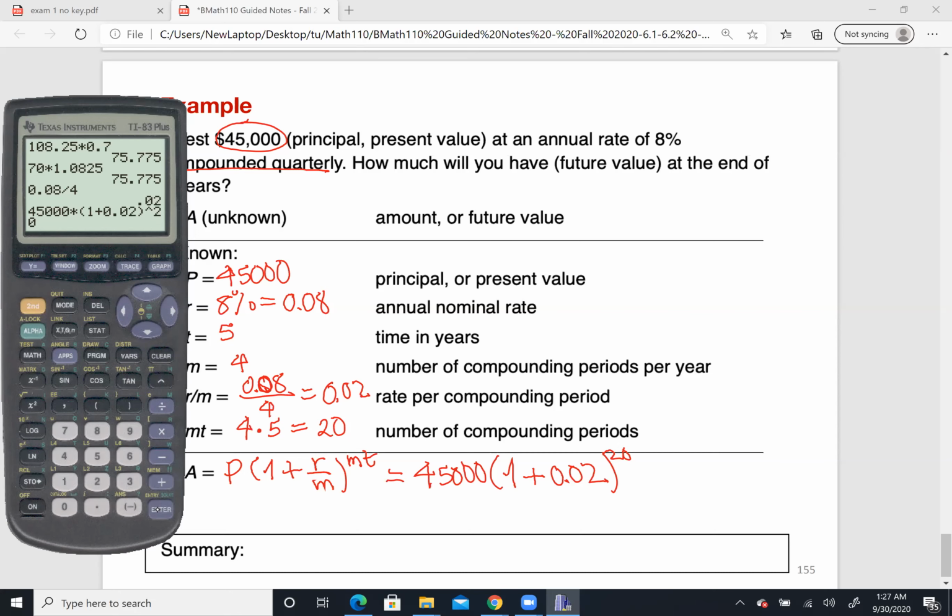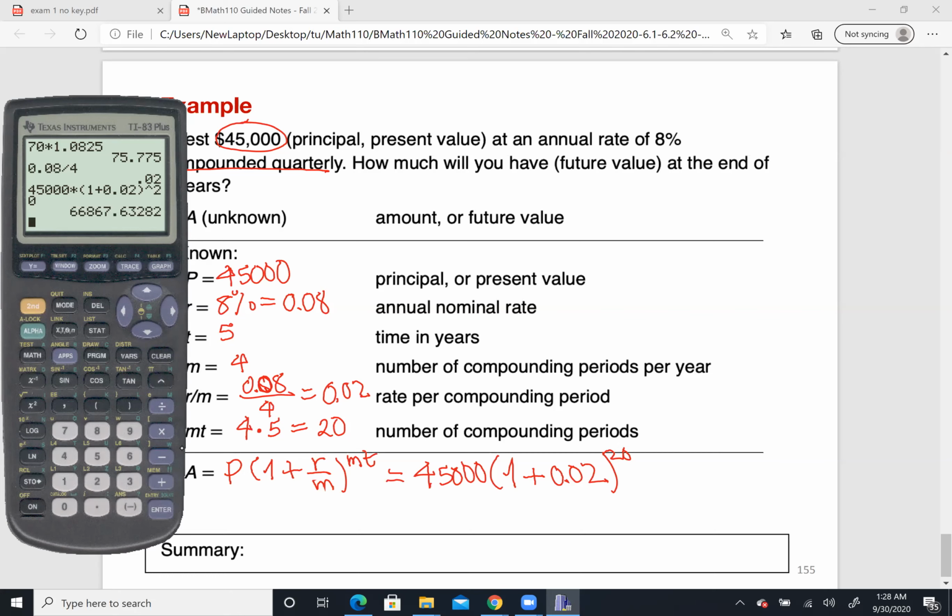So then I will have 66,867. Okay, so is that reasonable?